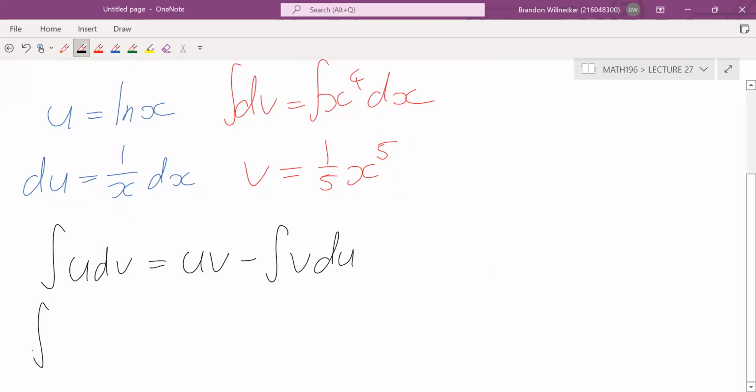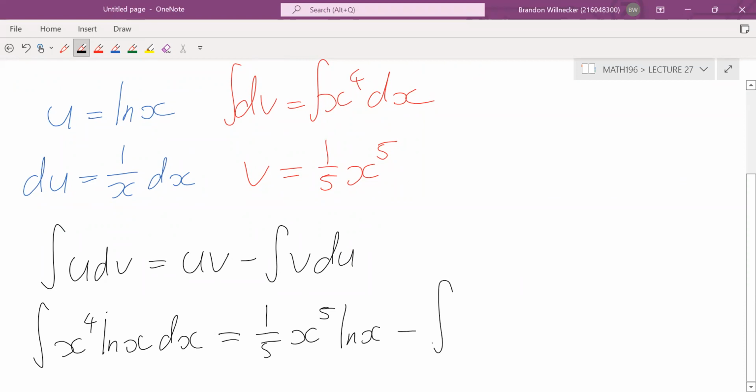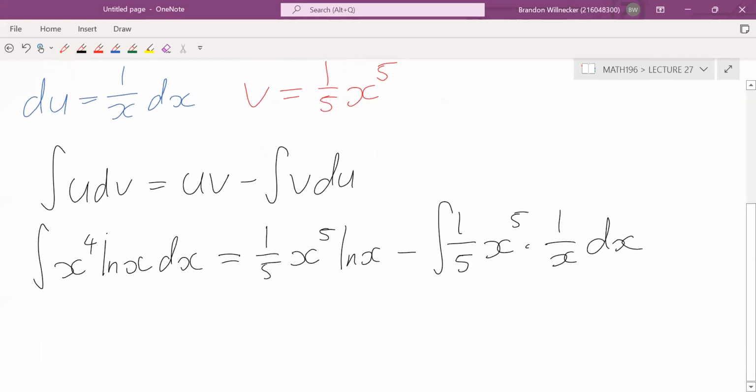Okay, I'm sure everyone has memorized it by now because we've said it so many times. So the integral u dv is x to the 4 natural log of x dx. That's what we started with. u times v is going to be 1/5 x to the 5 natural log of x, minus the integral v du, which is 1/5 x to the 5 times 1 over x dx.